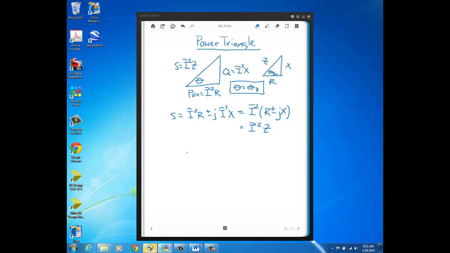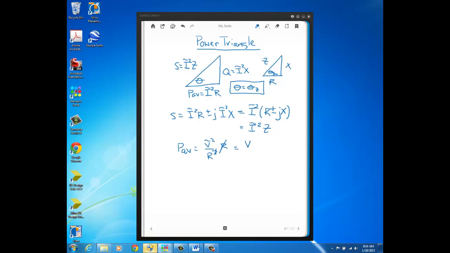Okay, well, we can also write each one of these powers in terms of voltage, because we know that current through a resistor is just V over R. So I can substitute in for P average, V over R for I, right? So I'll have V squared over R squared times R, and that R cancels out one of these R's.